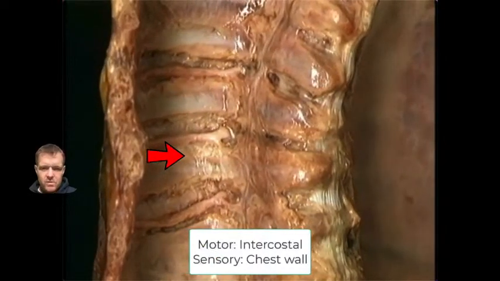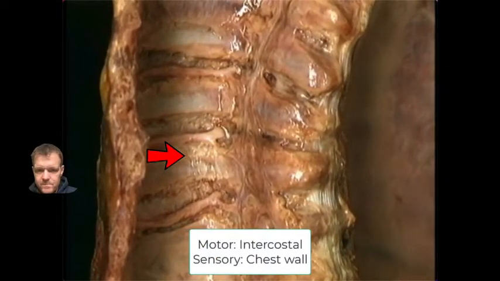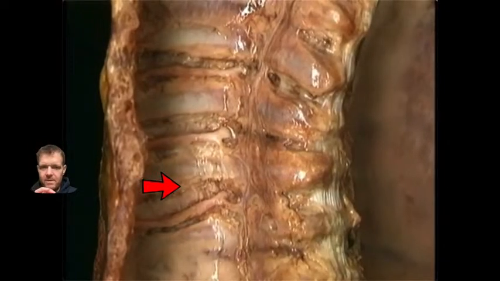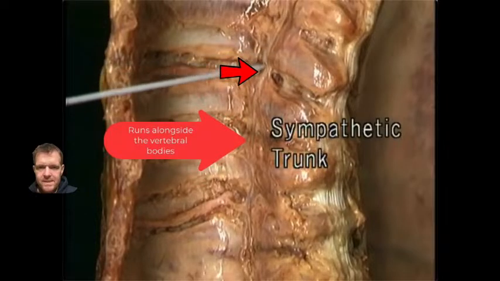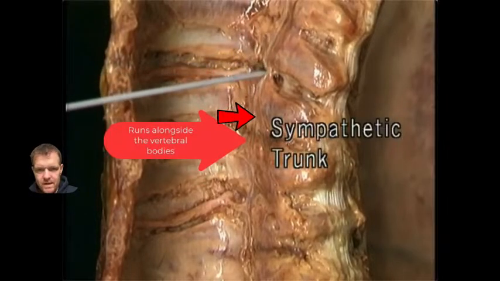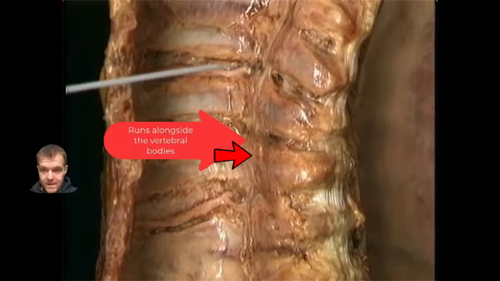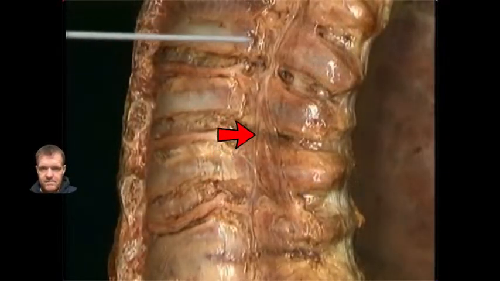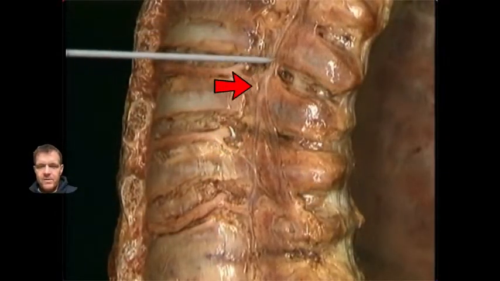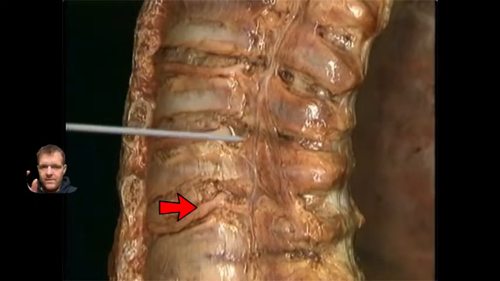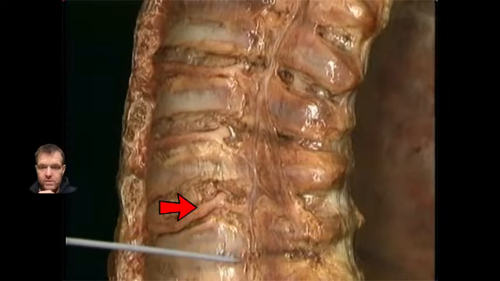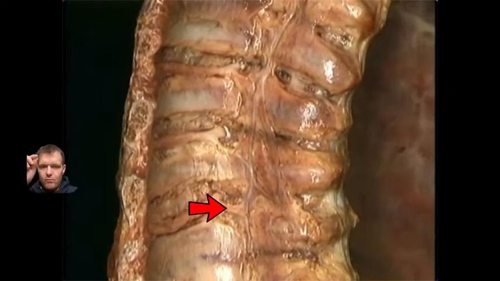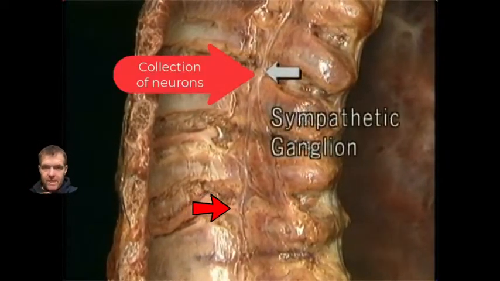So what's really cool about this next bit is that we're going to see these kind of swellings. It's called the sympathetic trunk. They run alongside the vertebral bodies of the thorax, so only in the thorax. And the trunk has these ganglia, which are increased masses of neurons, and they run like a train all the way down.